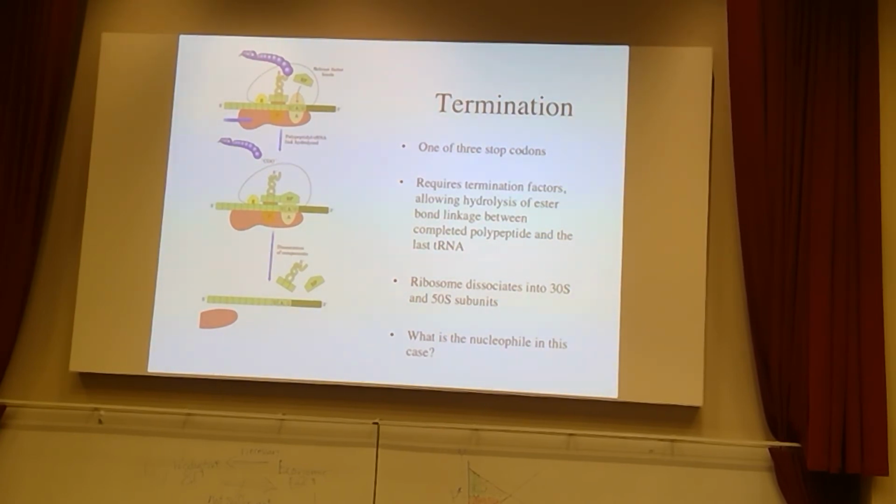Okay? All right, so this is a chemical reaction, right? What is the nucleophile in this case? Previously, as we were making amide bonds, the nucleophile was the amine of the amino acid conjugated onto the tRNA. Is it the carboxyl? Nope.